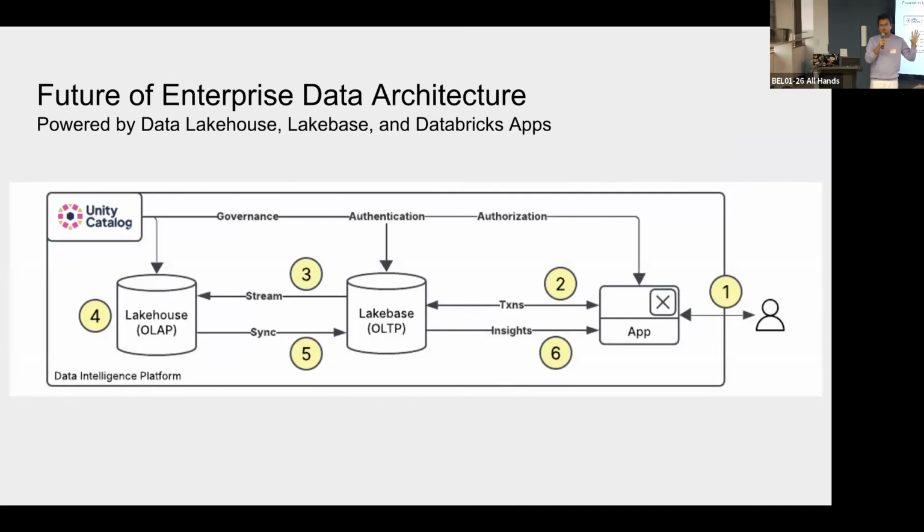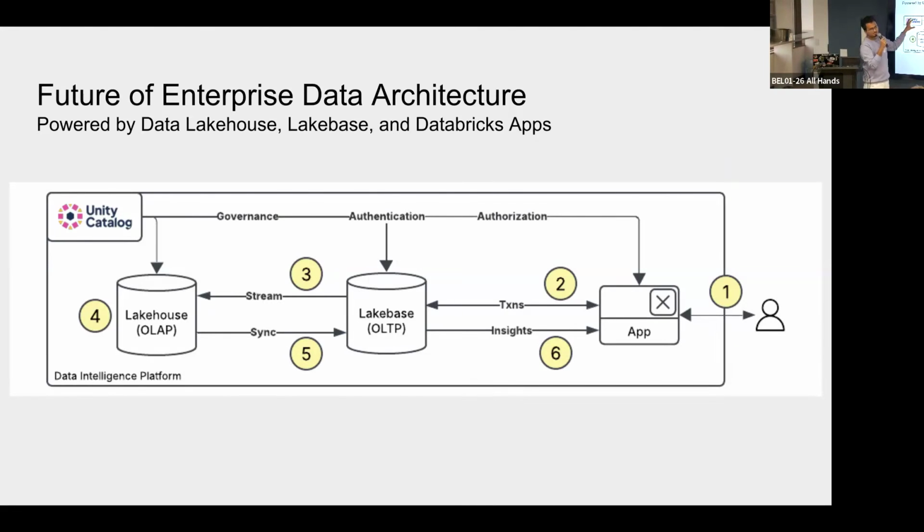And one of the most important things here is I don't use any of the default or Databricks-sponsored architecture diagrams. This is my own understanding and my own experimentation with the entire architecture. What I believe is the future of enterprise data architecture would look more and more like this.